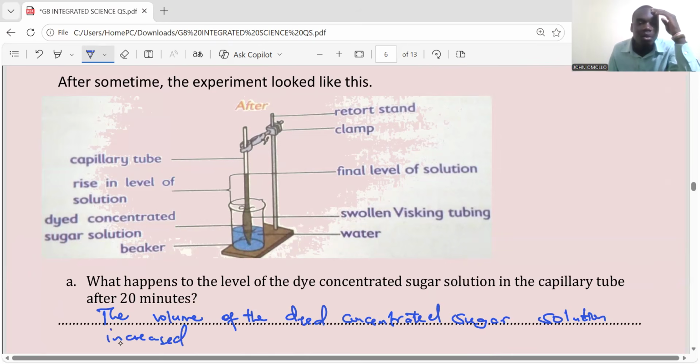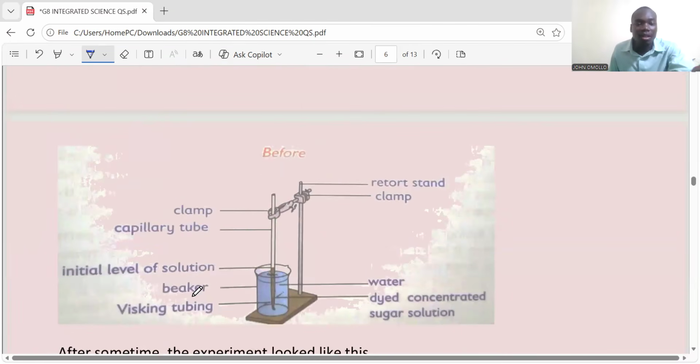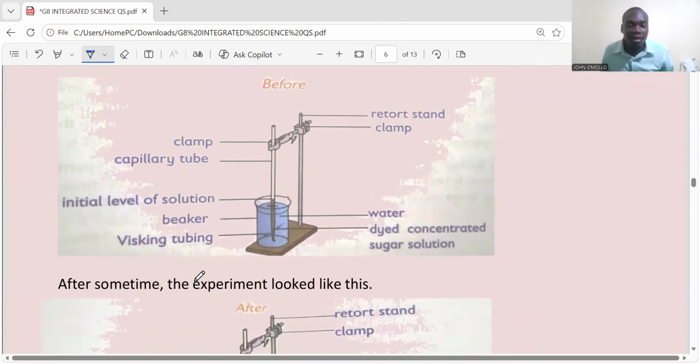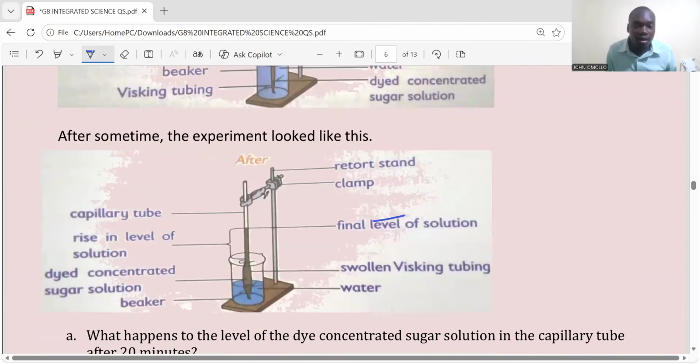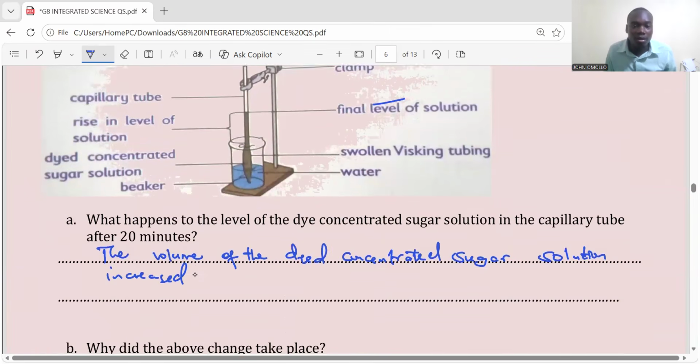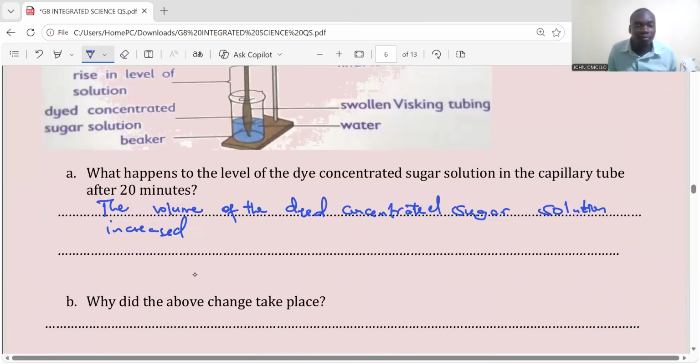So the volume did what? Increase. You can easily see that initially the volume was around here. The initial volume is here. But after some time in the experiment, the level rose up to this point. So you can easily see that.